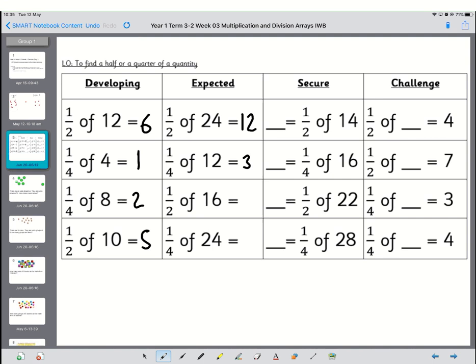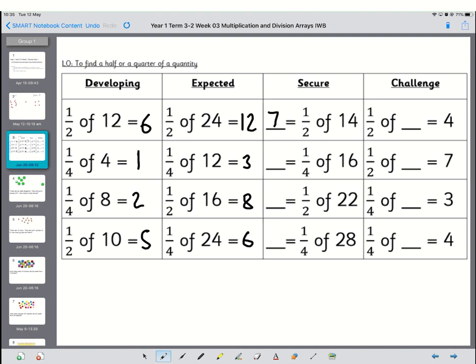Half of 16 is 8. Quarter of 24 is 24 divided into 4 different groups, so that's 6. Half of 14, doesn't matter that it's switched round, so that's dividing 14 by 2, so that's 7. Quarter of 16, I think we've already got that, haven't we?